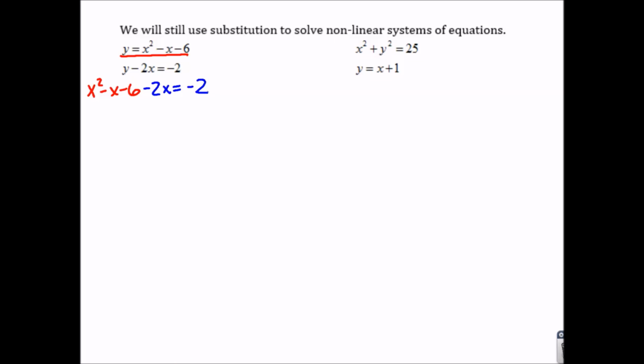So now we have this quadratic that we need to solve. You can either solve by factoring, by quadratic formula, or by completing the square, whichever method you think is easiest. I'm going to solve this one by factoring. So I'm going to combine my like terms and set it equal to 0.